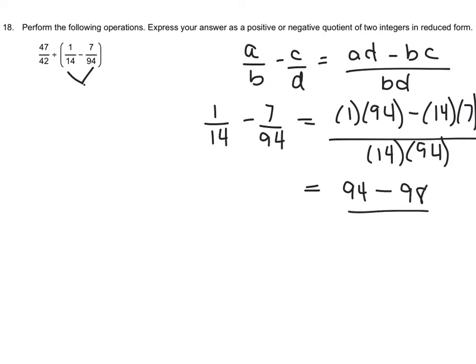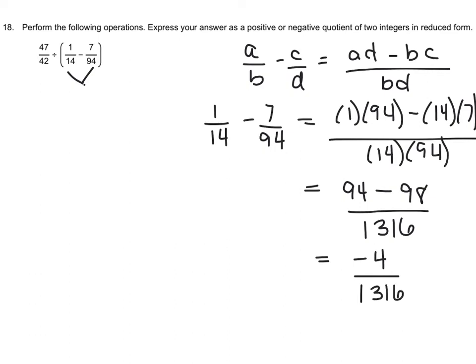When I multiply the denominators together, I get 14 times 94, which is 1,316. Now I'll subtract the numerators. 94 minus 98 is -4, and I get -4 over 1,316.